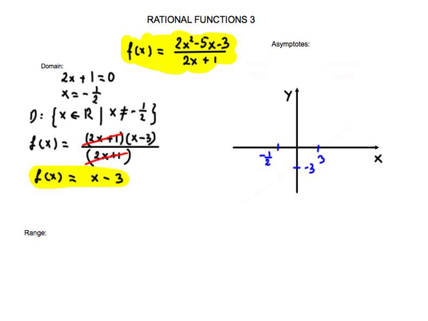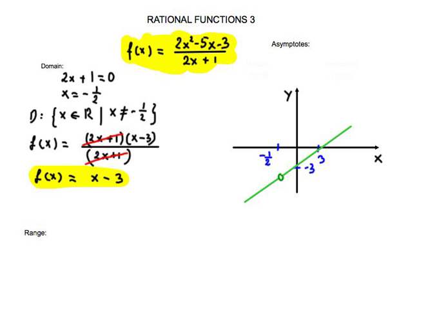So let's go and graph it. My line is supposed to be somewhere here. The x-intercept is 3, the y-intercept is -3, and there is a point of discontinuity because of the restriction in the domain.